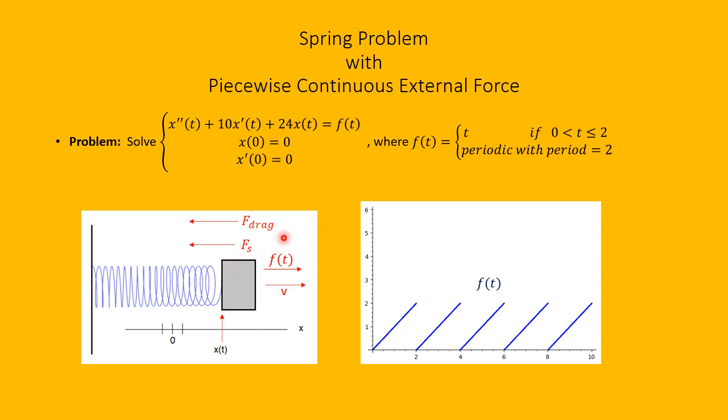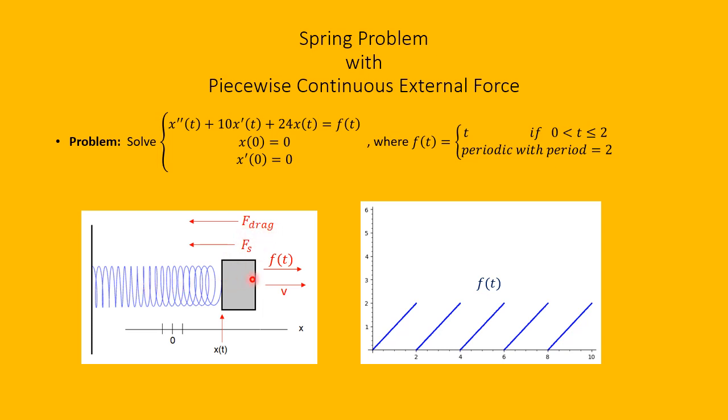So here's the problem. This is the spring and mass system. A wall over here, the spring stretched or compressed perhaps, a mass m here. There's a restoring force due to the spring given by Hooke's law. We have a force due to frictional drag.